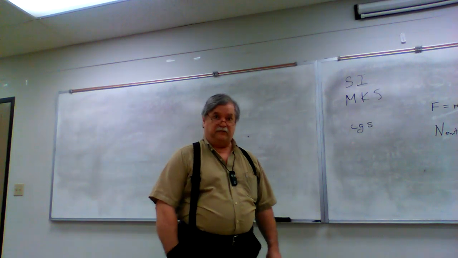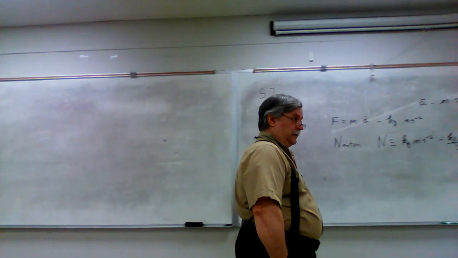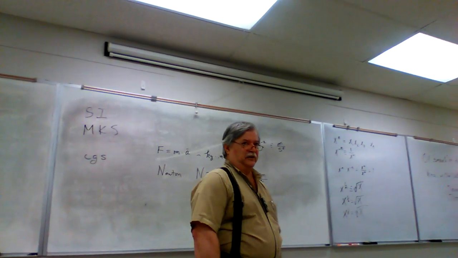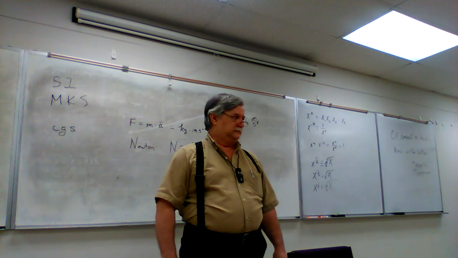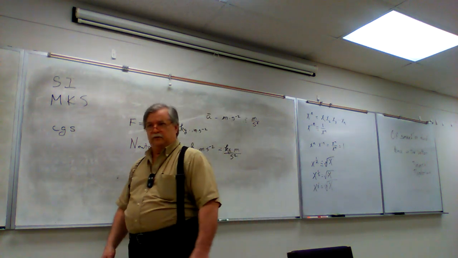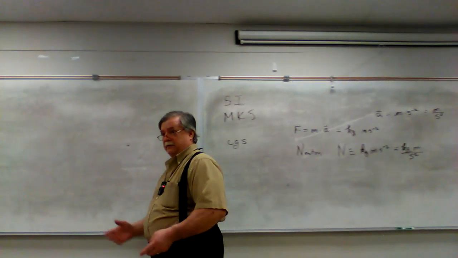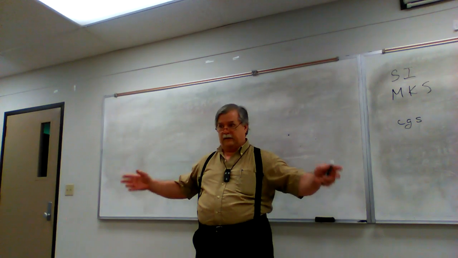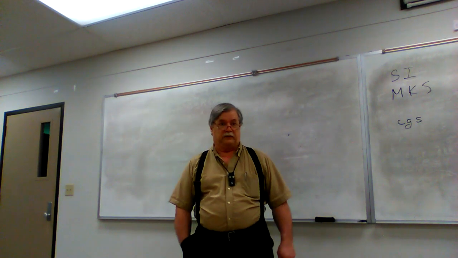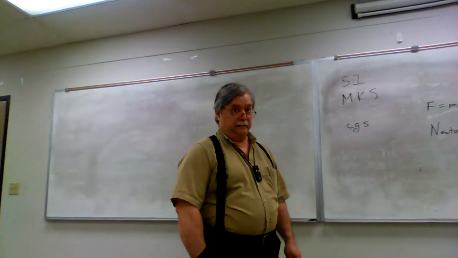Since then, they've changed the definition again, and now they've changed it in terms of the speed of light in a vacuum, which was measured with very, very high precision. At the time they changed the definition, the precision of the speed of light was known to within plus or minus 1 meter per second.